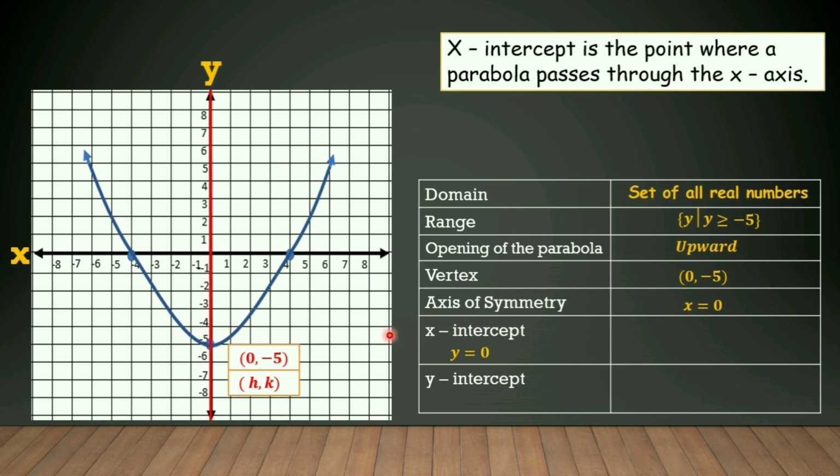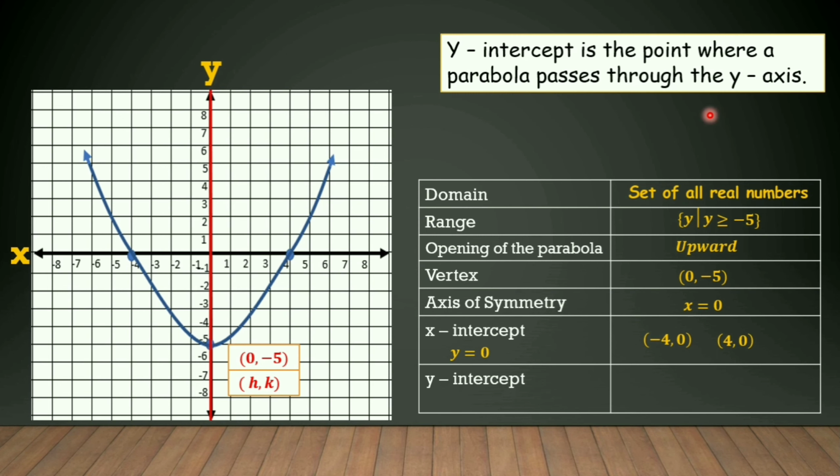So, ibig sabihin, sa x-intercept natin, ang y natin is 0 lagi. So, since na-identify na natin dito yung mga points na kung saan nag-pass through yung parabola natin, which is negative 4 and positive 4, eto ngayon ang magiging x-intercept natin. Negative 4, and then 0, kasi yun yung y natin, and then positive 4, and also 0.